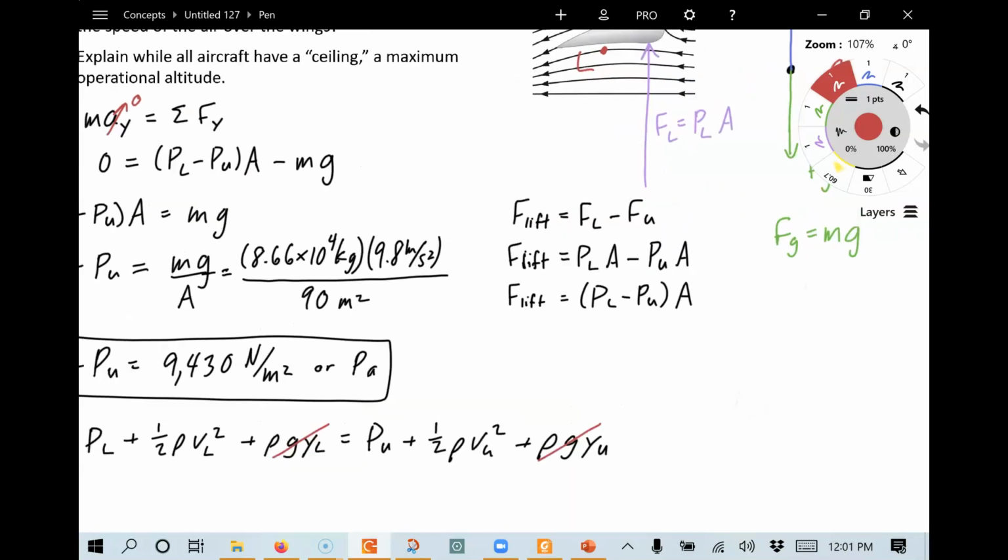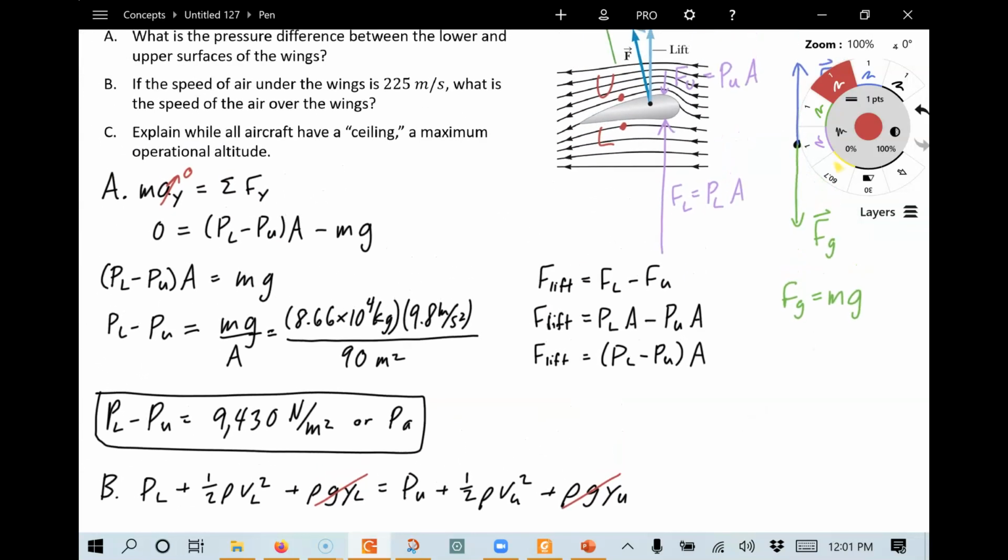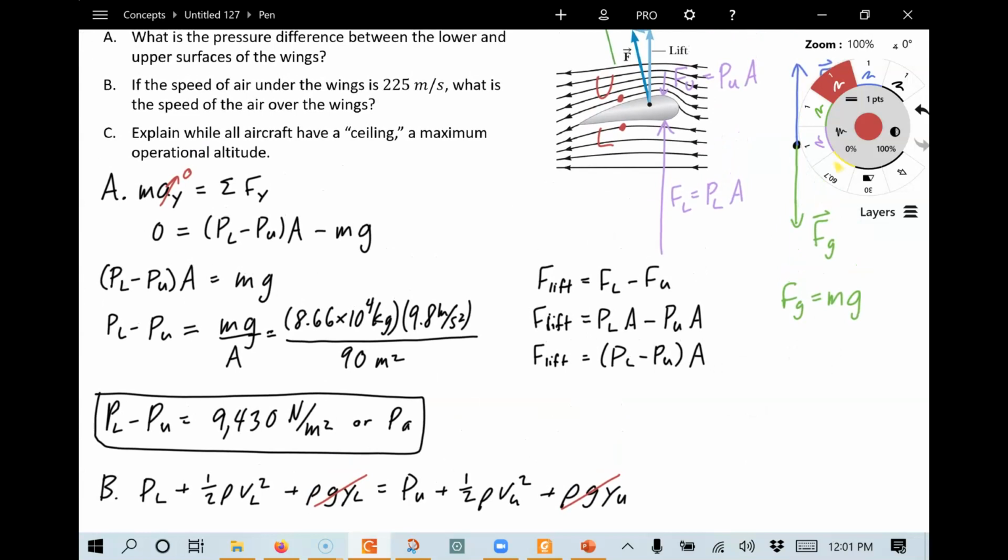Now, what we want to do here is try to identify in the picture what things we know. So V upper is up here. V lower is down here. And we're given the speed of the air under the wings, so lower, don't get that confused with upper.